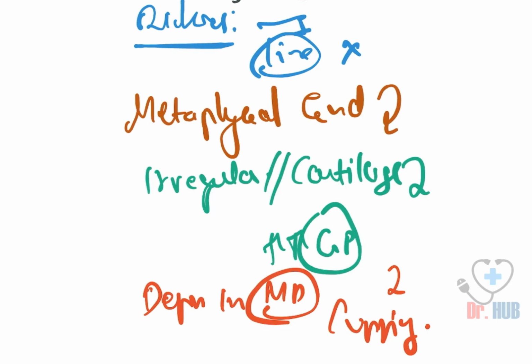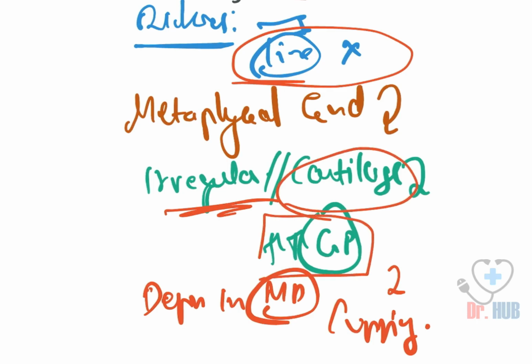In rickets, this line is absent, and the metaphyseal ends appear irregular, and the cartilage accumulates in the growth plate, and this creates a depression in the metaphysis, and this causes the cupping.